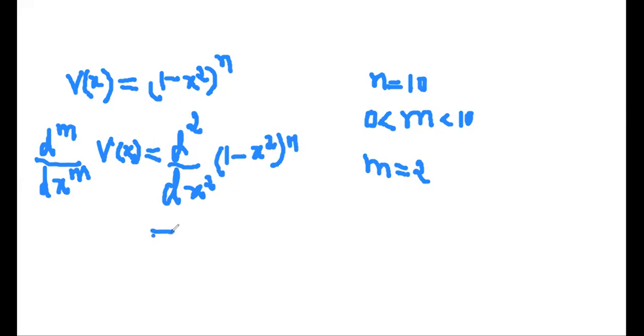So what is going to be the first derivative? Everybody knows that it is d by dx of 1 minus x square whole power n, that is n into 1 minus x square whole power n minus 1 into minus 2x.